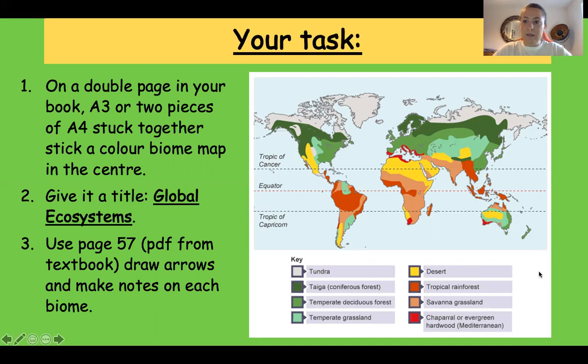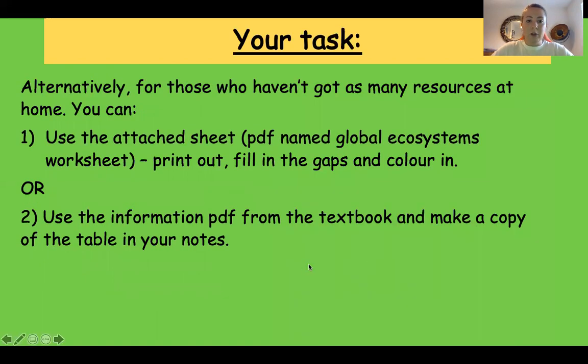Now I know that some of us haven't necessarily got access to the internet or to being able to print something off in colour or even black and white. So I've got some alternatives, which is perfectly fine for you to do instead. Alternative number 1 is I've uploaded a PDF called Global Ecosystems Worksheet.